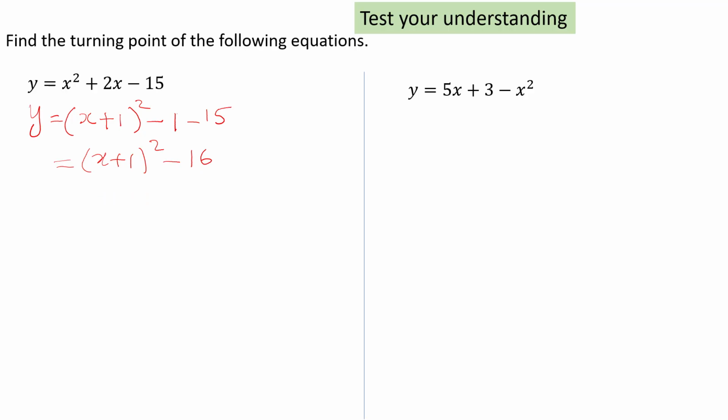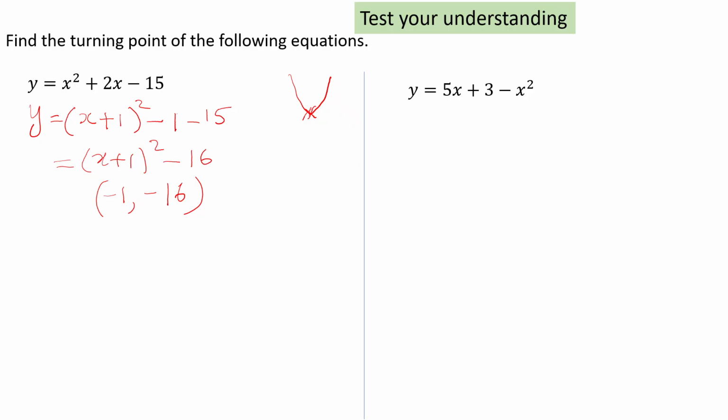When x equals negative 1, the y value is negative 51. So this is the turning point. The shape of the graph has a minimum point. The shape is this shape.